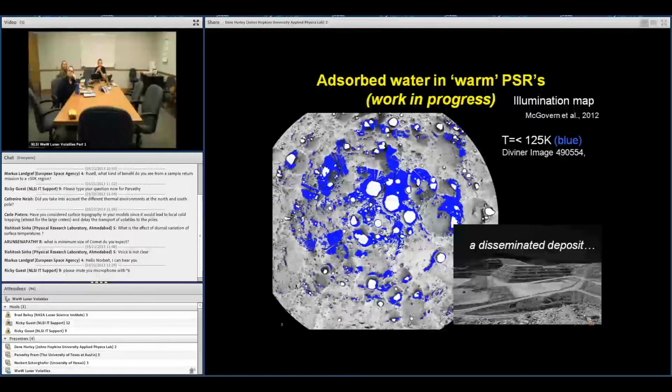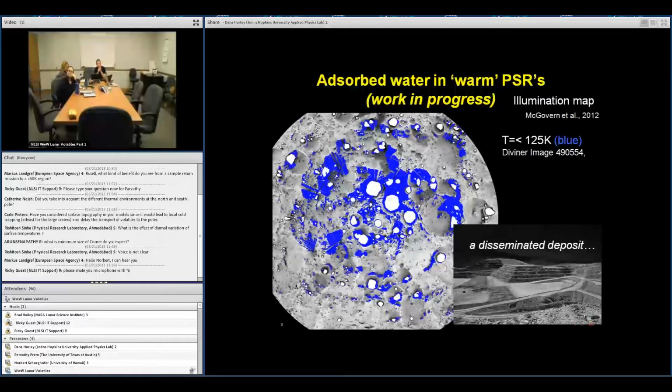Simply mapping the distribution of average 125 Kelvin temperatures from finer data, you can see there are a lot of areas outside the PSRs themselves that could potentially be cold enough to retain adsorbed H2O without needing the coldness required to retain water ice, which would be there in white, the deepness of the PSRs.